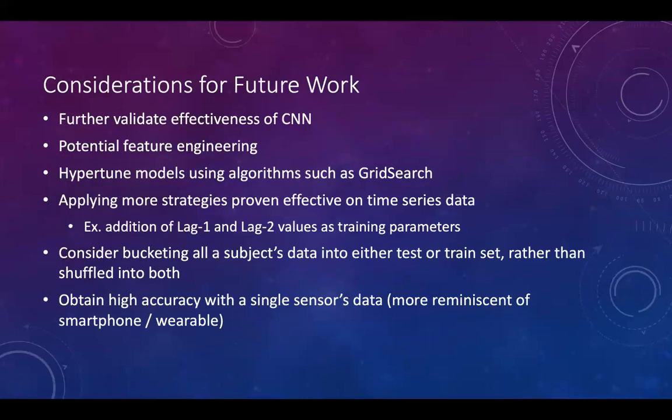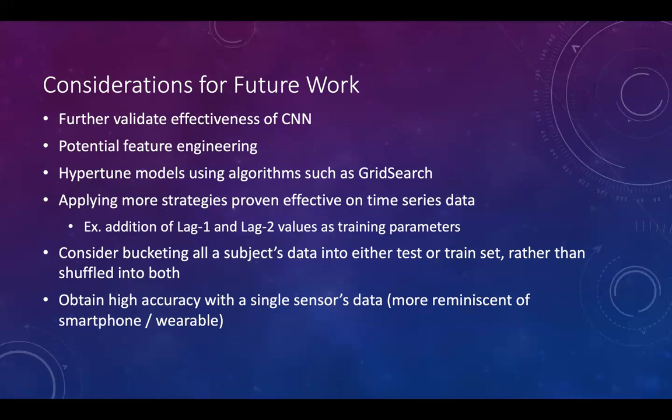General considerations for future work. It would make sense, given my hesitancy on my great performance with CNN, to further validate the CNN. One thing that I did not spend much time on was feature engineering and hand-picking features.